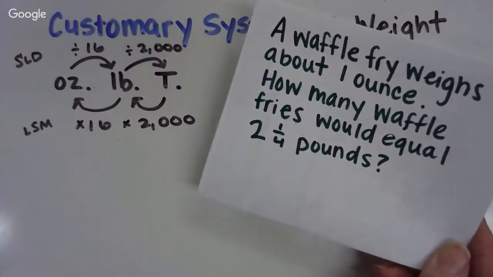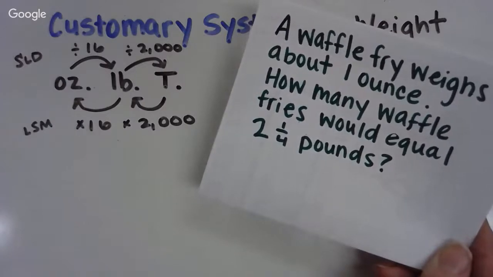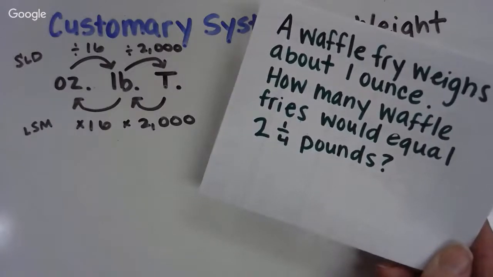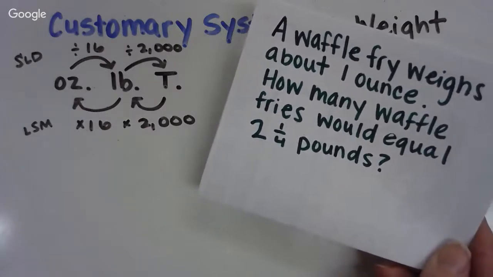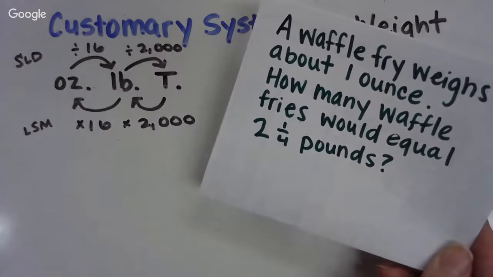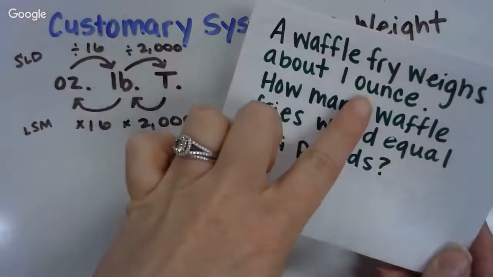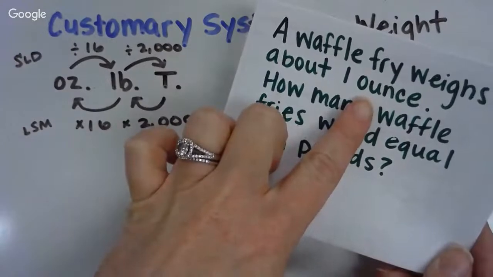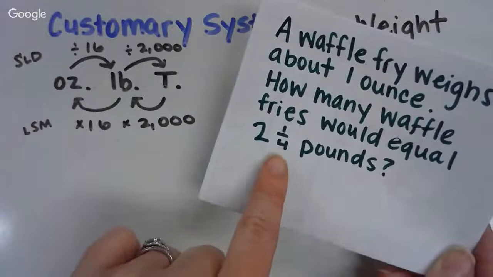I actually see 2 different measures, so I really have to use my critical thinking skills to decode this question and think, which one is the measure that I'm trying to achieve in total? That's where my starting point will be. A waffle fry weighs 1 ounce, but I want to know how many of those it'll take to get to 2 1/4 pounds.